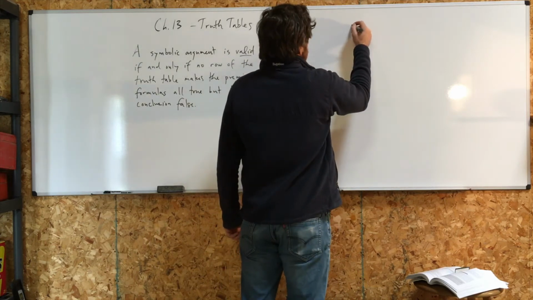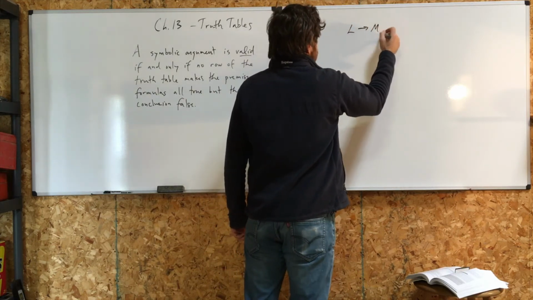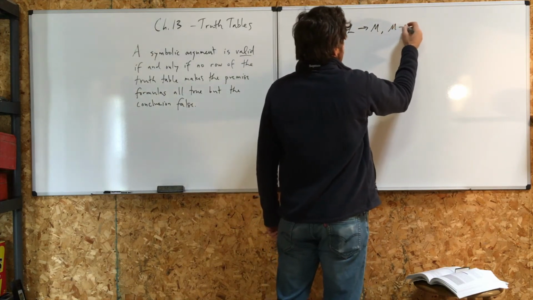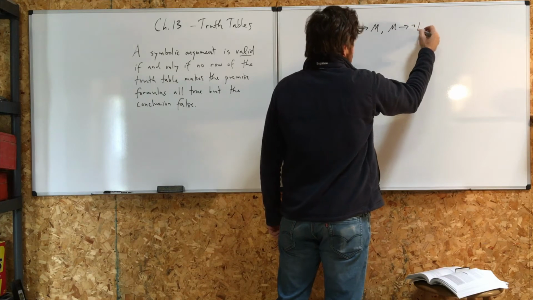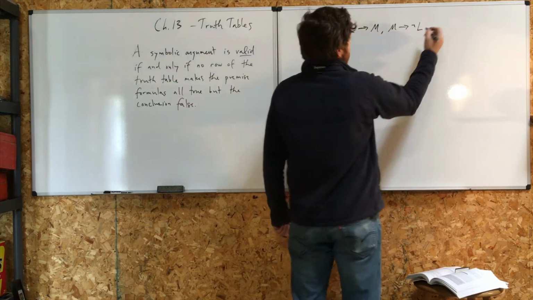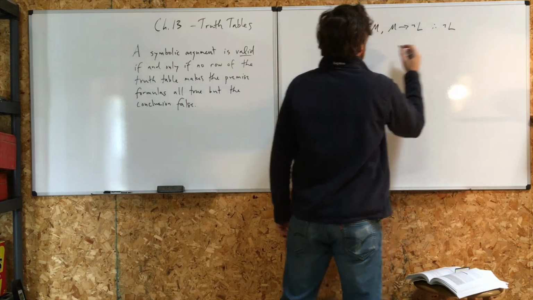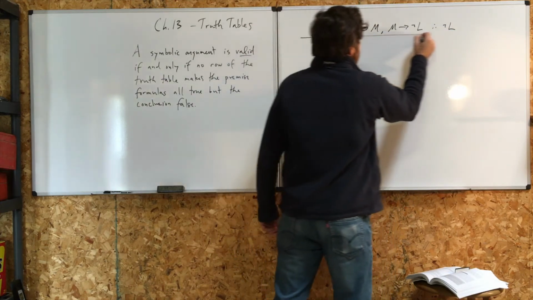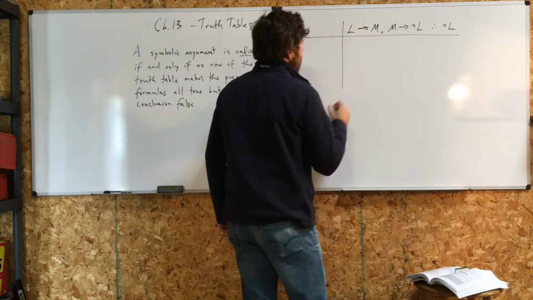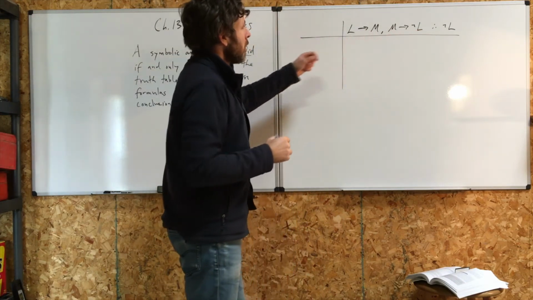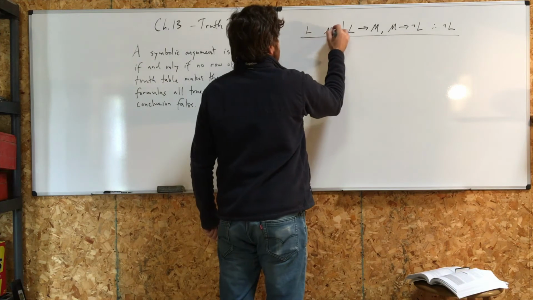Okay, so the first premise, L arrow M. Let's separate it with a comma. M arrow not L, and the conclusion is not L. Okay, upper right of your truth table. There's only two statement letters involved here, L and M, so 4 rows.